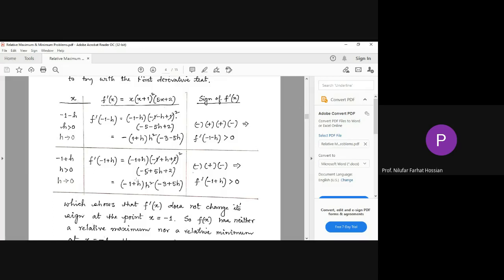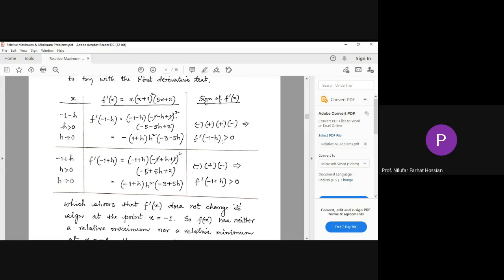So here h is a positive number and very small. So this gives you a negative sign. This factor will give you a negative sign because h is a very, very small number. This is negative, this will be positive, and since again h is a very, very small positive number, this factor will give you a negative sign. So first negative, then positive, then negative. So ultimately you are getting a positive sign.